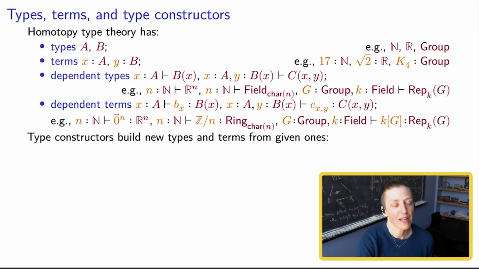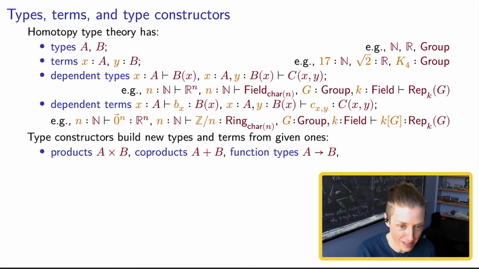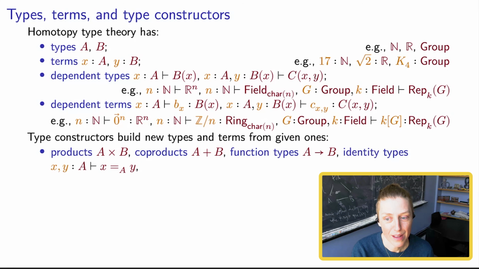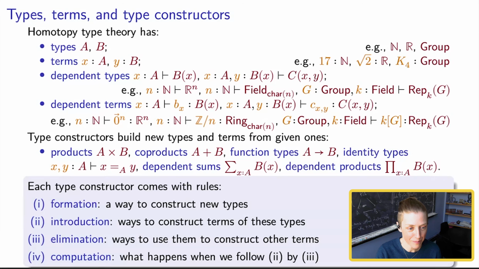And so this is the stuff that's present in dependent type theory or in homotopy type theory. And then we also have type constructors that build new types and terms from given ones. So for instance, given some types A and B, I can form their product type or their coproduct type or their function type. There's something called identity types that we'll discuss. And then there's more complicated type forming operations that take as input a dependent type. So given a family of types B over a type A, I can form something called the dependent sum or the dependent product.